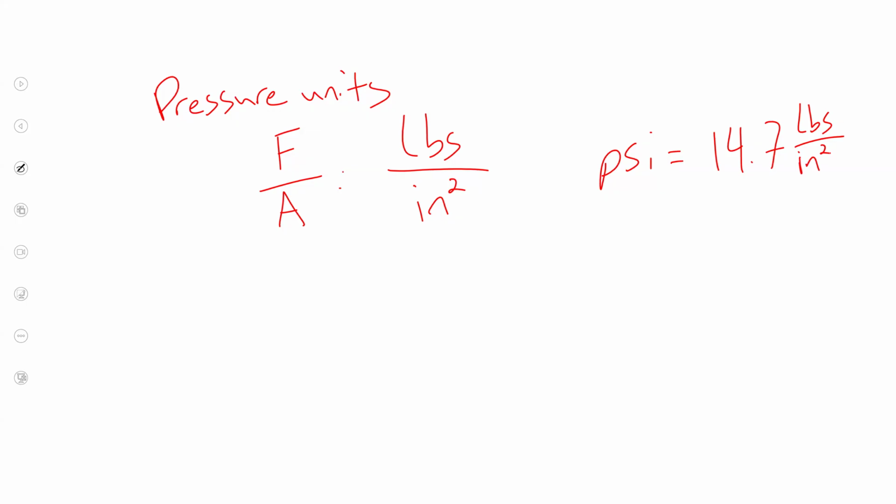Right, and this is on your conversion sheet too. Your conversion sheet has a pressure section. We're basically going to say there's about 5 really common pressure units, and we're going to define them all relative to 1 atmosphere. So we can have pressure units that are based on force over area. And then we have other pressure units that are just defined by standard.